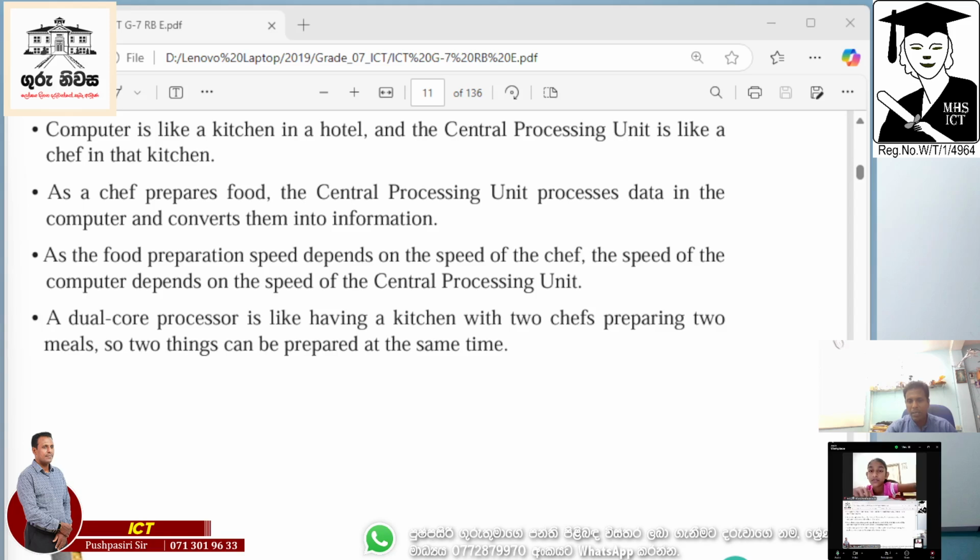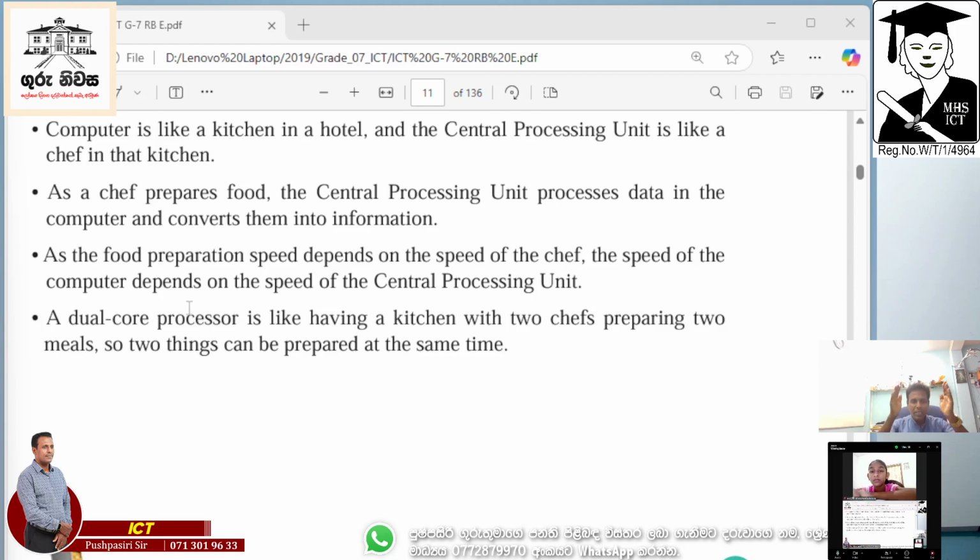In the same manner, if we have two processors in the computer, that work is very fast, no? Right? Okay. So dual core means there are two processors in one processor.